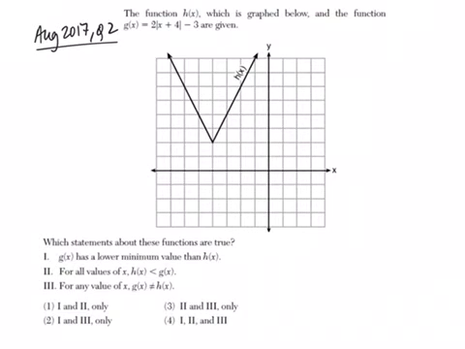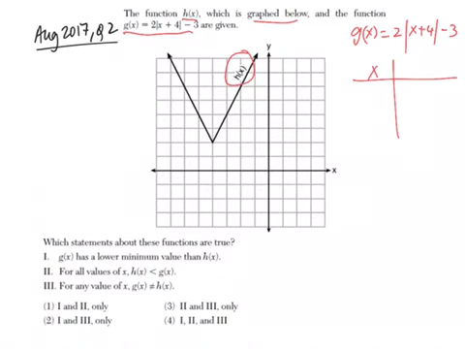Okay, so we have this situation. The function h(x), which is graphed below, so this is h(x). And the function g(x), so there's this other function g(x), which is 2 times absolute value of x plus 4 minus 3. So let's plot it, right? Let's put in values and see what happens to it. So let's maybe start with -5, -4, -3, -2. So we can plug in these values and see what happens.